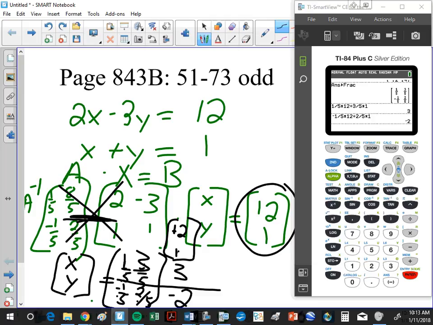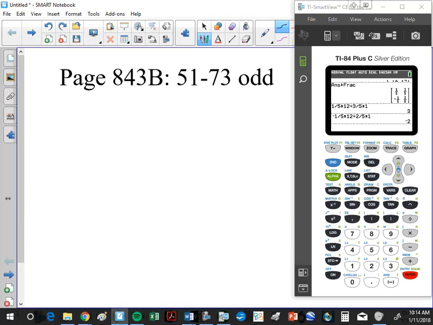You can ask your calculator to do it, but then you need to multiply the inverse by the answer matrix to create the answers. So let's do one that's bigger. So let's do this one. 1, -1, 1, 0, x, y, z.